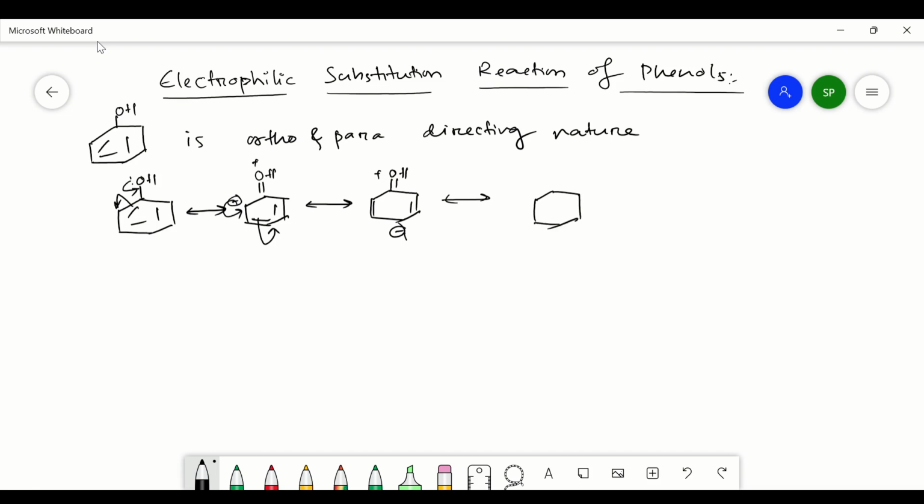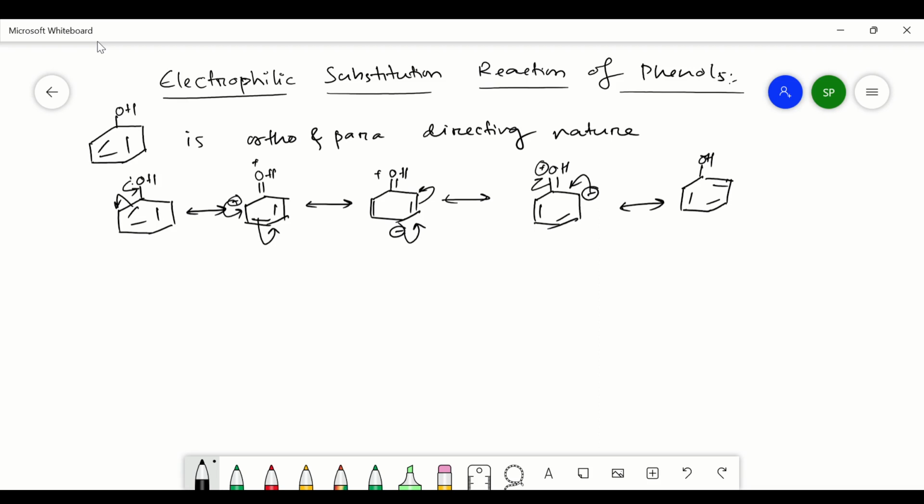So there will be 5 resonating structures showing that phenol is ortho and para directing in nature. That means the negative charge or the electron density is higher at the ortho and para positions. So any incoming electrophile will be attached to the benzene ring at the ortho and para positions.